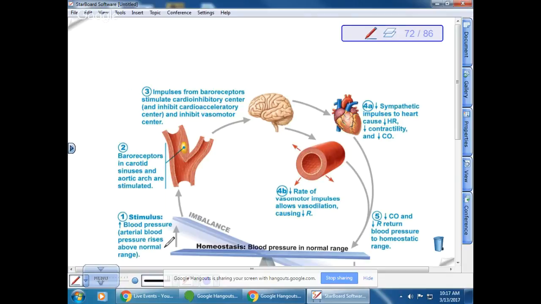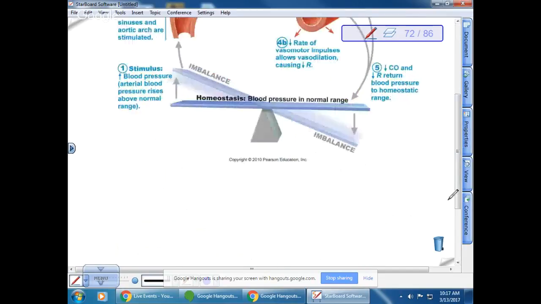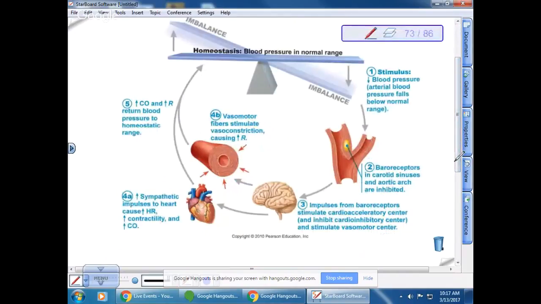Okay. And then if your blood pressure is too low, so let's say you're laying down and you need to increase your blood pressure, right? The opposite happens. So the blood pressure falls, and then there are little receptors inside your body that can detect blood pressure, right? And so they are not being stretched as much as normal, because they're little stretch receptors in the blood vessels.